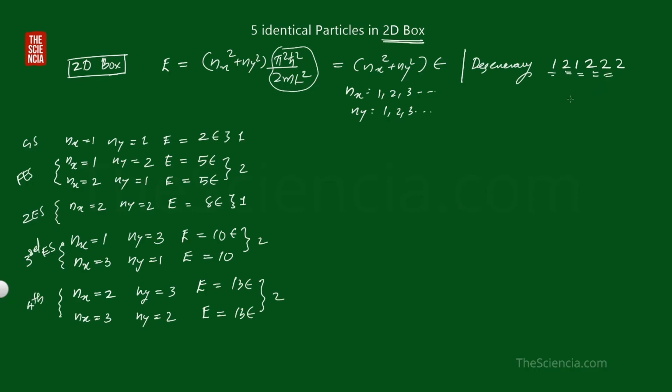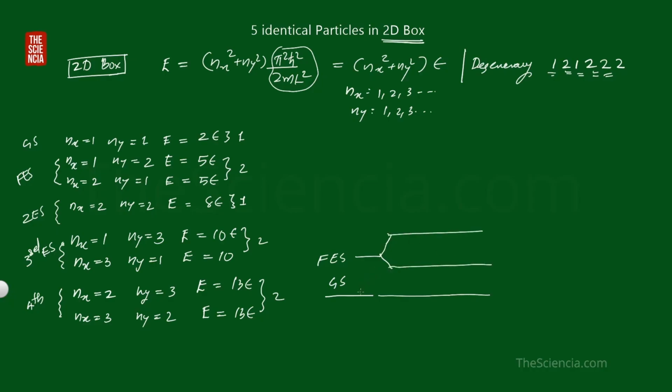This one, right? That means if you are drawing a diagram, it will look like this one. This is the ground state, and the ground state is non-degenerate. Now this is the first excited state, and it is doubly degenerate.